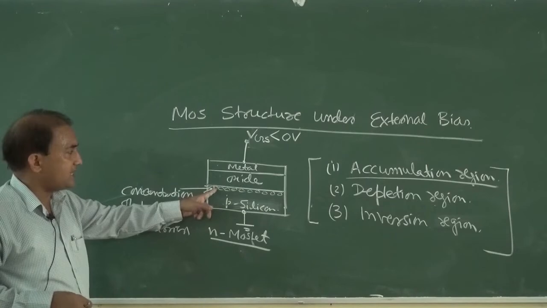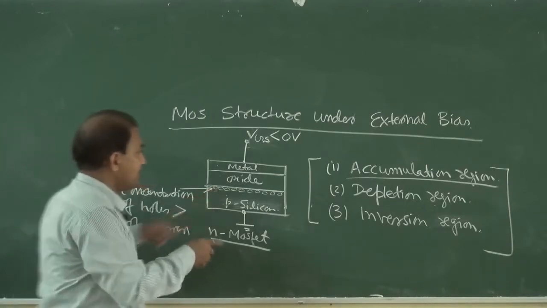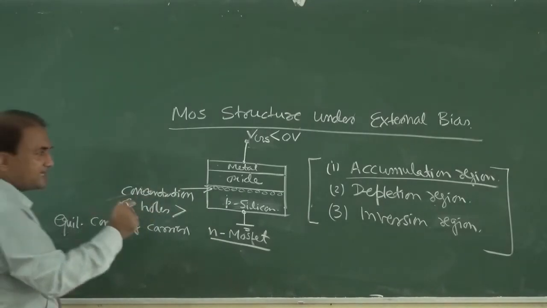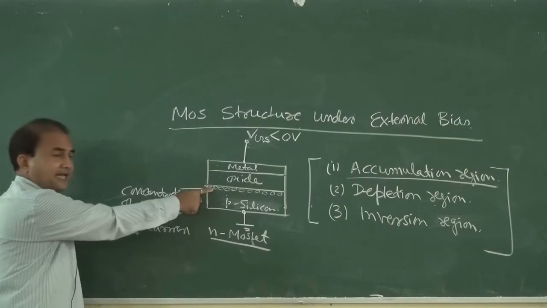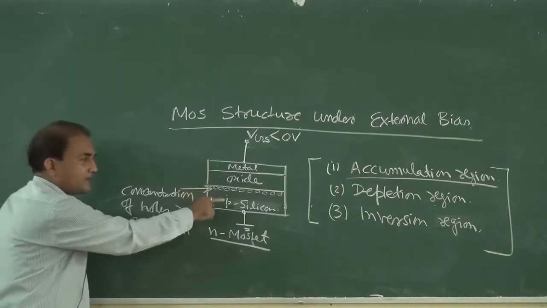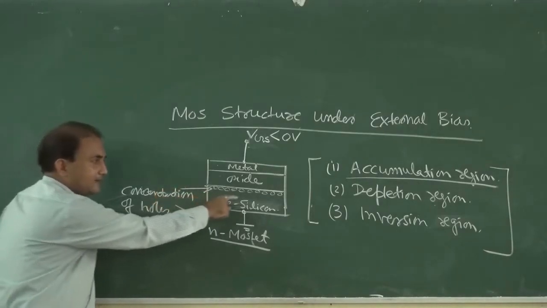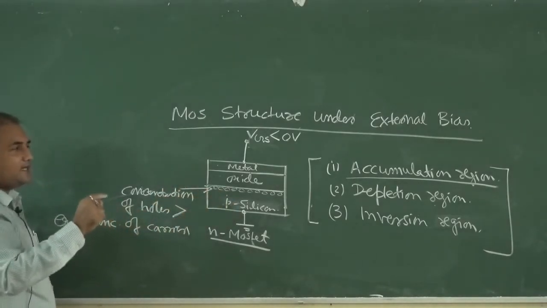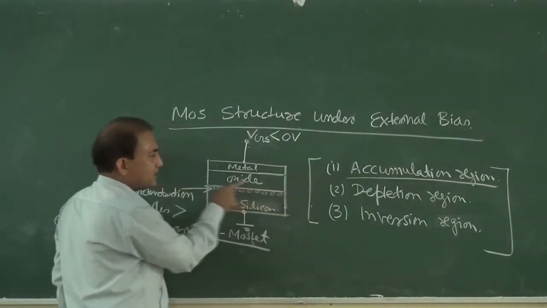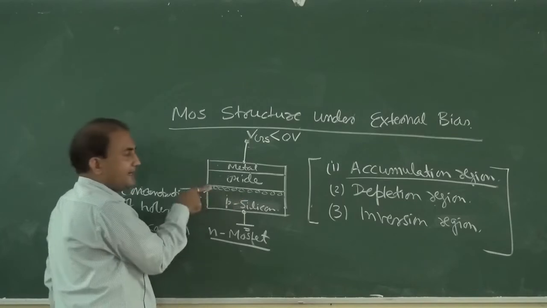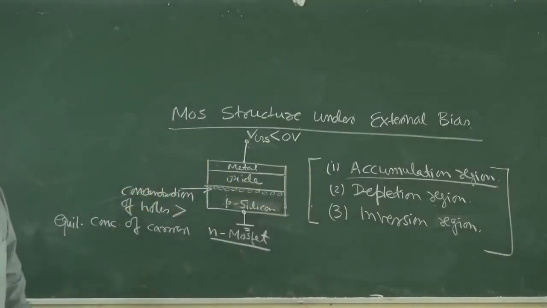So it is the accumulation of holes or accumulation of carriers, and we can see that the concentration of holes here is more than the equilibrium concentration of carriers in other places. That is why it is known as accumulation of carriers on the oxide substrate interface layer, and this region is known as accumulation region.